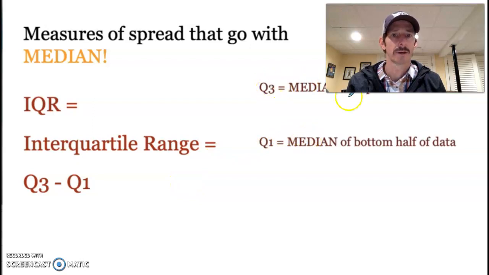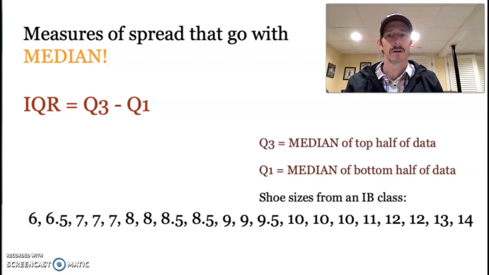If you can't read this, it just says top half of data. So if you needed to calculate the IQR, you would first have to find the median and then find each quartile, which is in essence calculating additional medians.